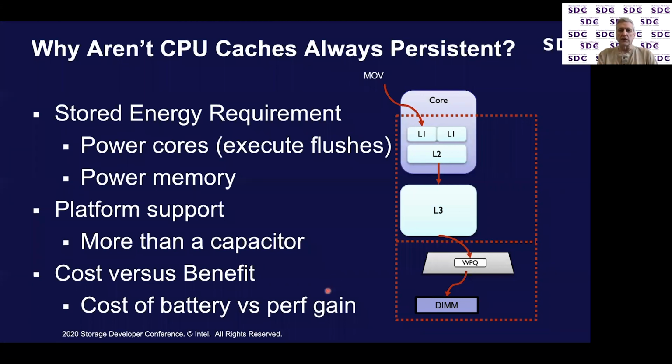And so for flush on fail caches, that reason is performance, which I'll show you in a minute what that really means. And you have to weigh the cost of adding the battery to the system against the gain that you get from the performance. Now, that equation isn't quite clear until people establish some software and get some performance numbers. So we always knew that in the beginning there would be the less expensive systems that don't have a battery in them.